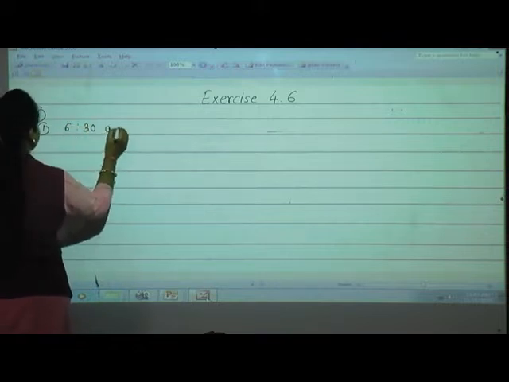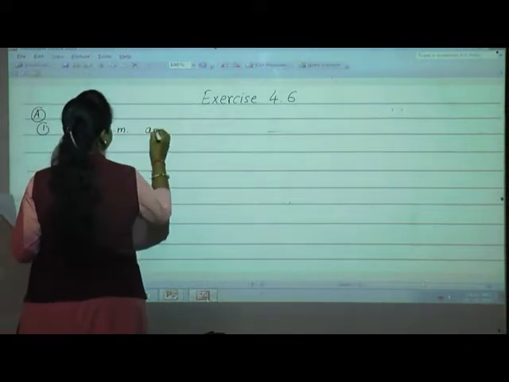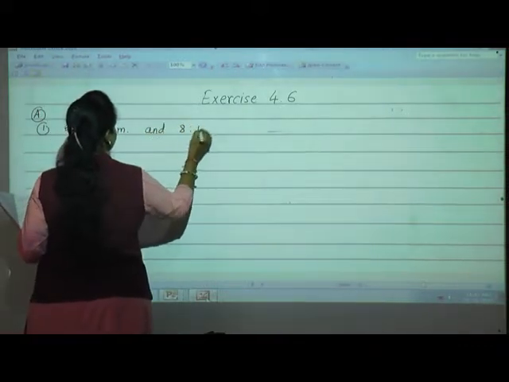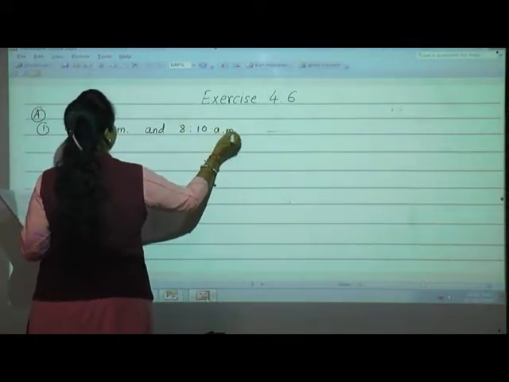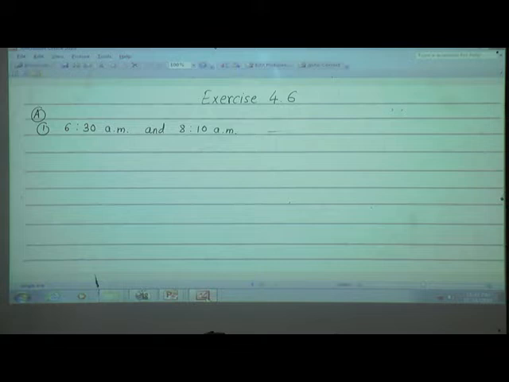6:30 a.m. and 8:10 a.m. See, for the time interval, just now we have studied, when they have given both the times in AM and AM, what you have to do? You can find out by subtracting, isn't it?